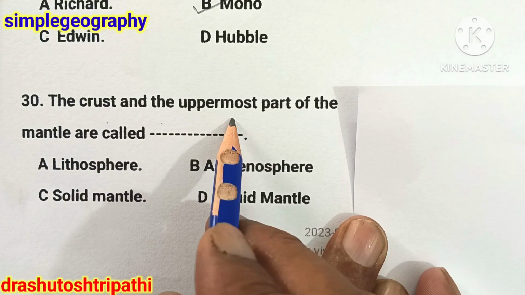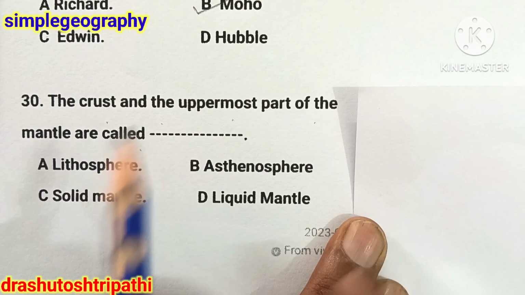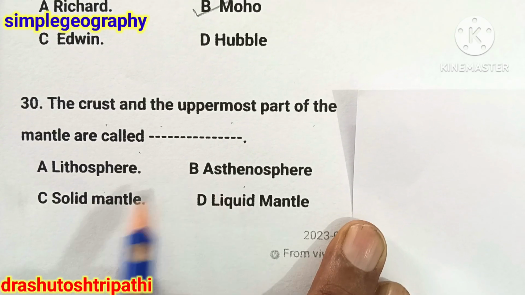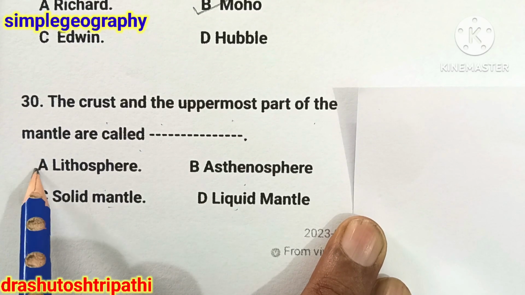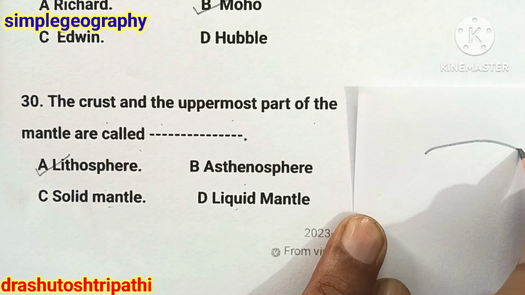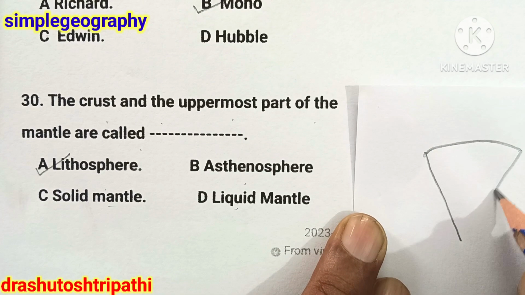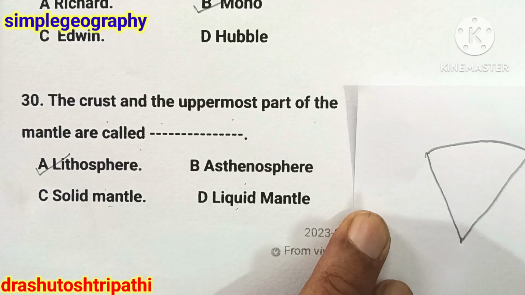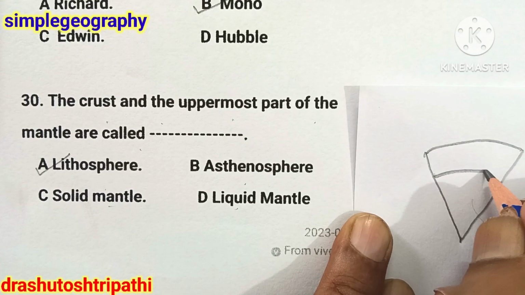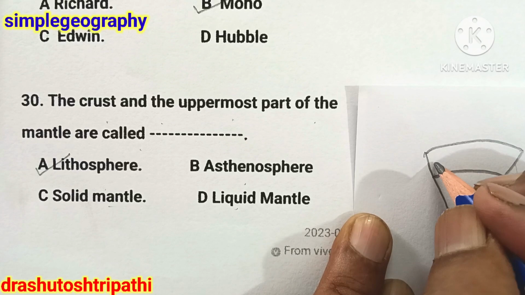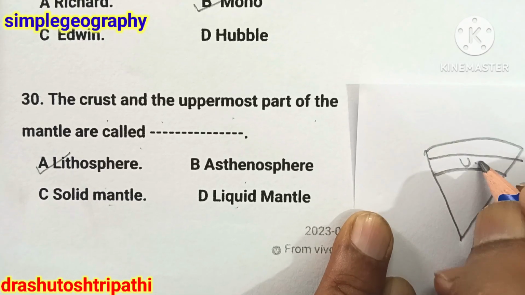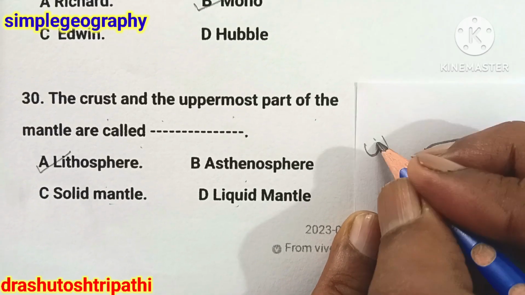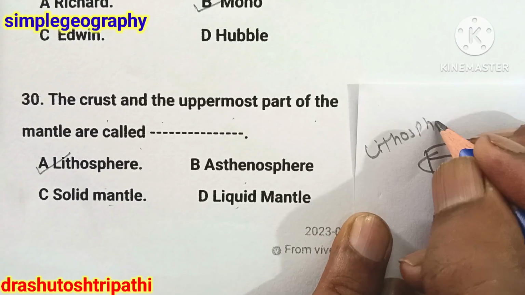The crust and the uppermost part of the mantle are called: lithosphere, asthenosphere, solid mantle, liquid mantle. The answer is the lithosphere. There are three parts of the earth. As we generally know, the crust, mantle and the core, but there is another definition in which the crust and the upper mantle combined are known as the lithosphere.